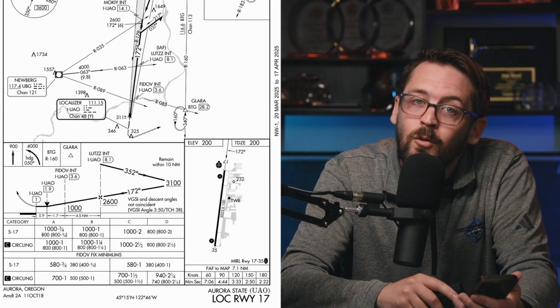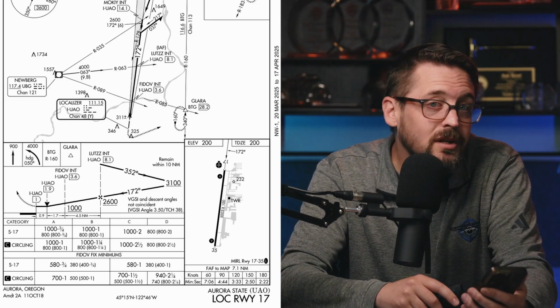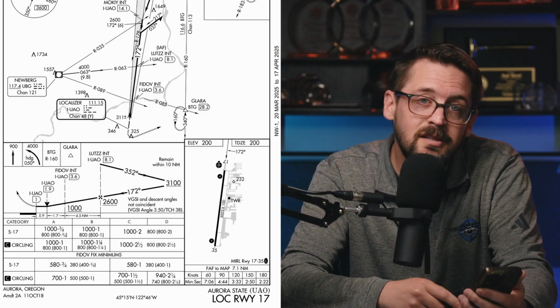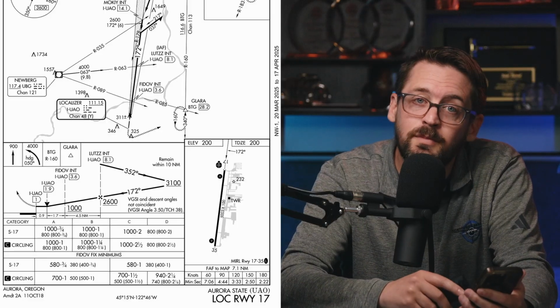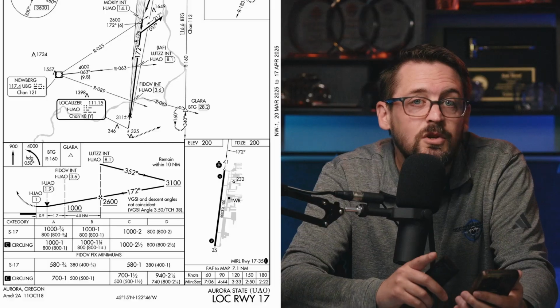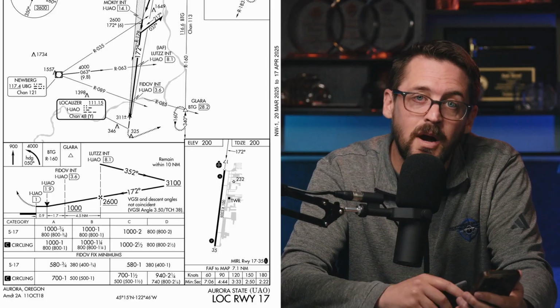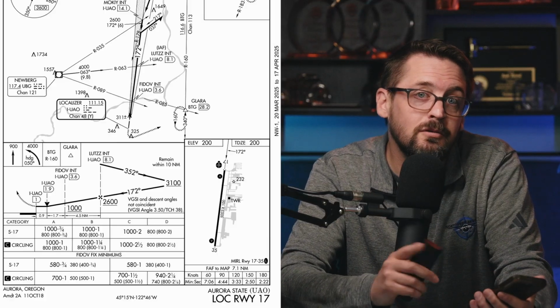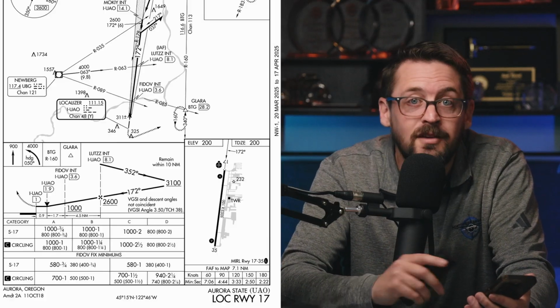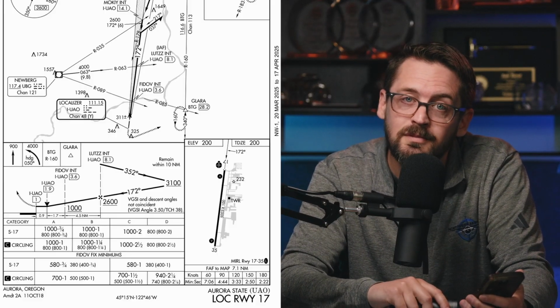Now, one other thing of note here is that this isn't in fact a 3-degree glide slope. It says here the visual glide slope is published at 3.5 degrees, telling us we should expect to be a little higher than 333 feet at 1 mile, perhaps maybe 380 feet, which of course corresponds to the published MDA minimums.